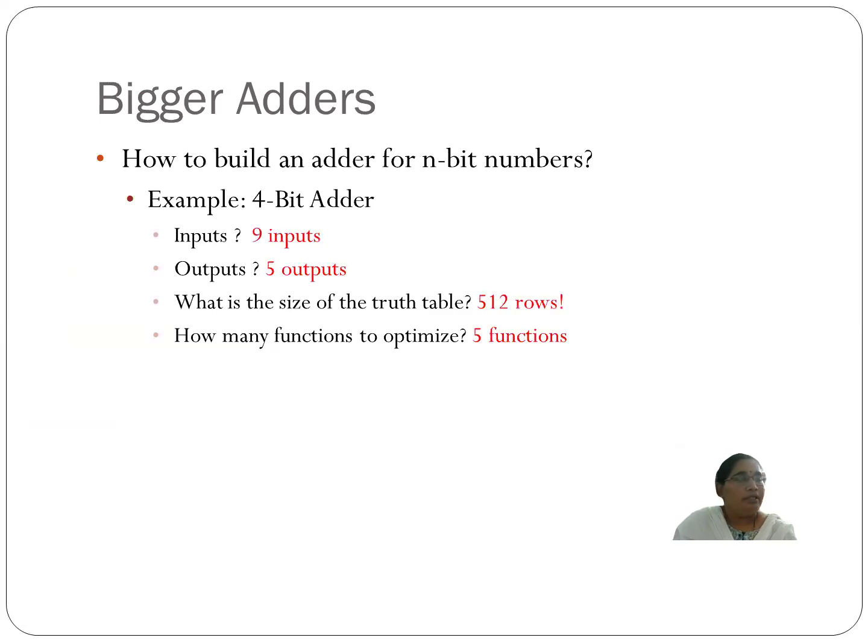As you can see, inputs are 9, outputs are 5, and the size of the truth table is 512 rows. And we need to optimize the output function for each of the 5 outputs. That is 5 function minimizations are required, and that too using a 9 variable K-map, which is very difficult.